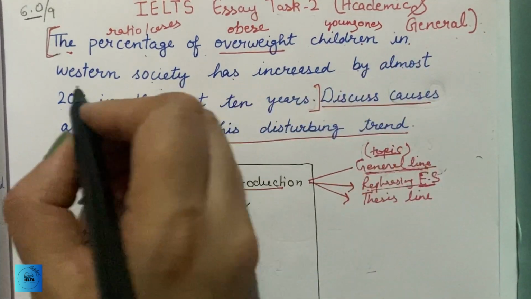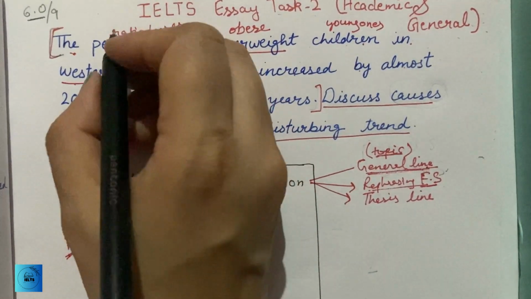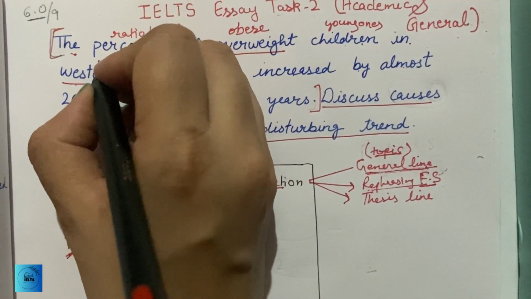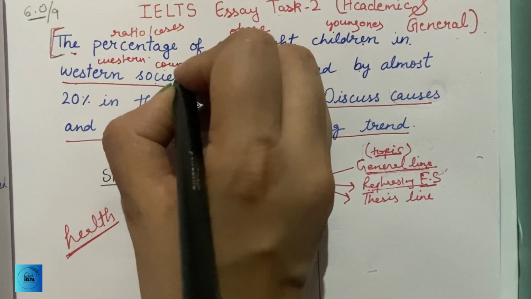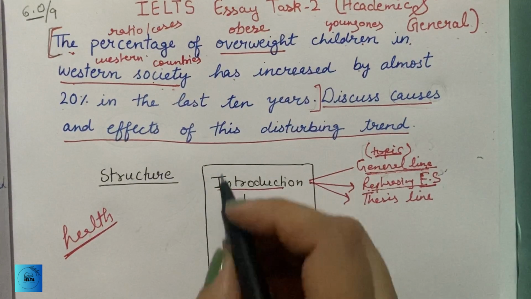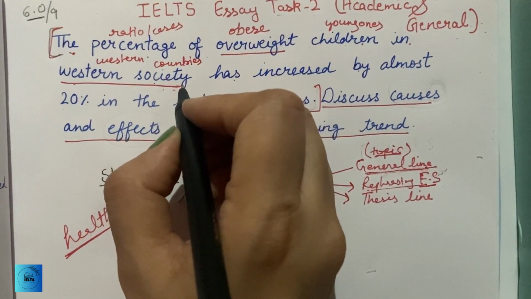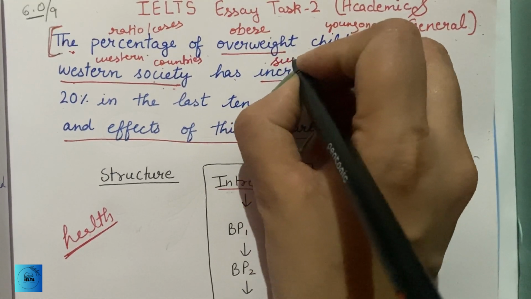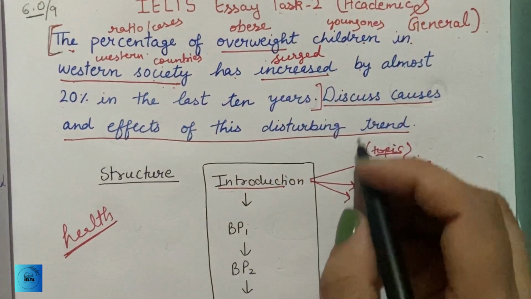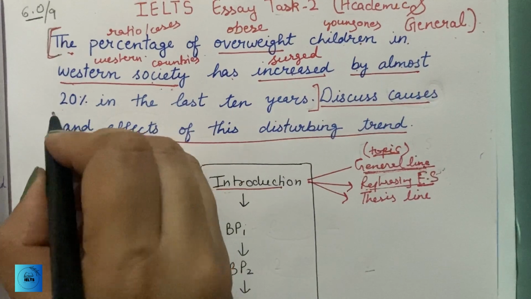And then for Western society, I can say Western countries or community can also be a word for society. Has increased: for increase, I can write surged by almost 20%.